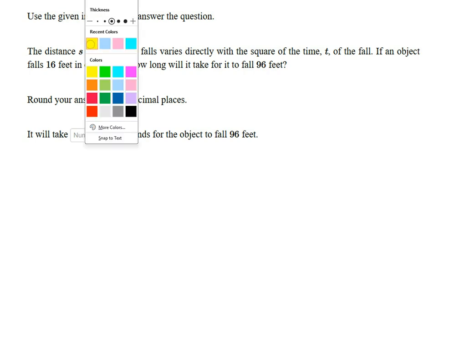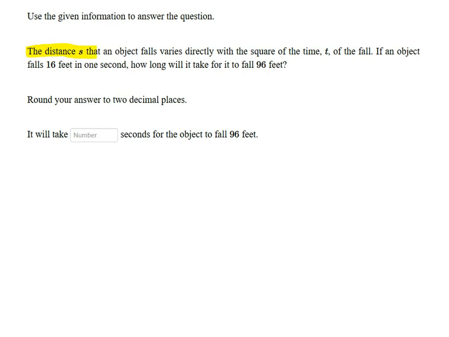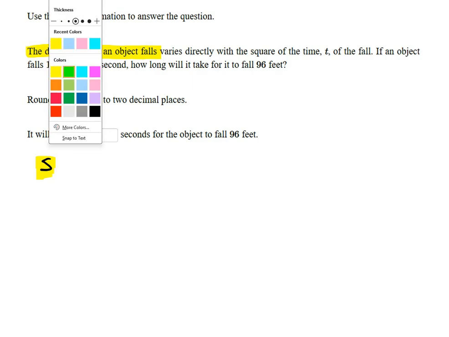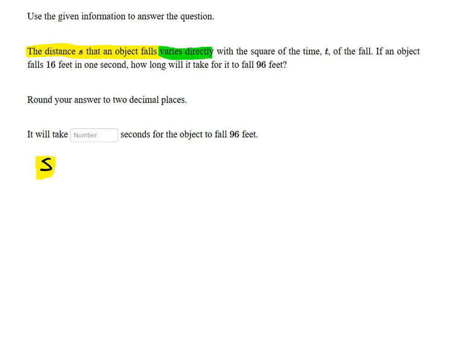All right. The distance s that an object falls varies directly. So remember, varies directly means equals k times something.